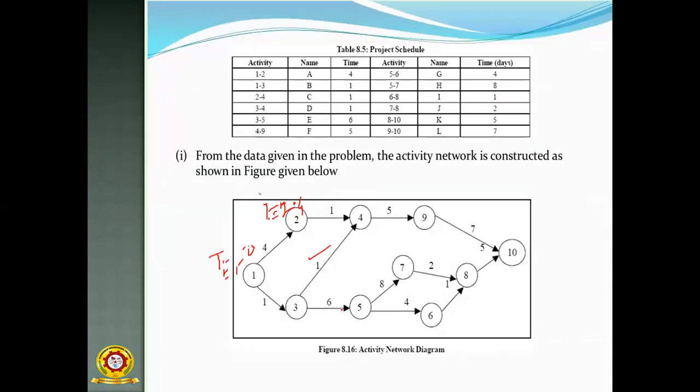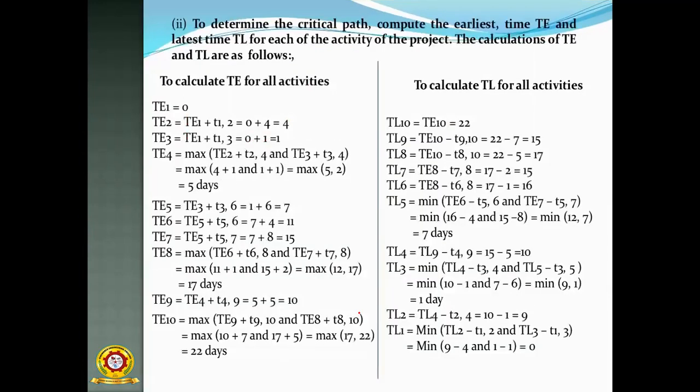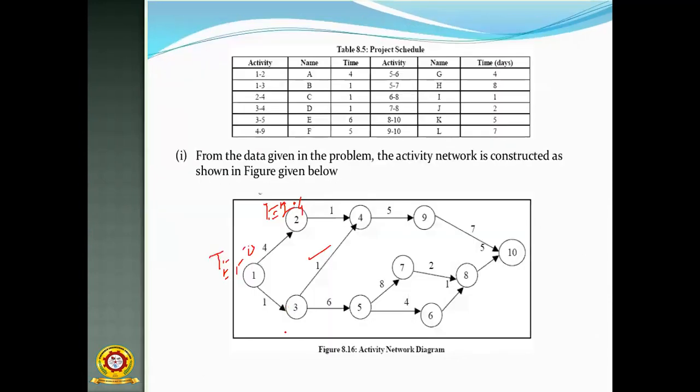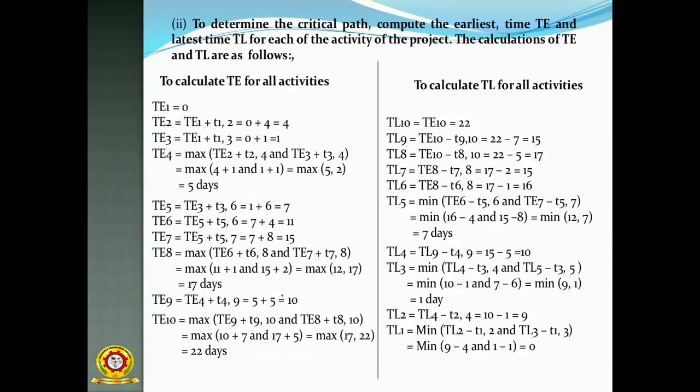TE5 means, this is the TE5. How are we calculating the TE5 value? Then you have to see this one. TE3 plus T3. What is the TE3? TE3 value is 0 plus 1, 1.